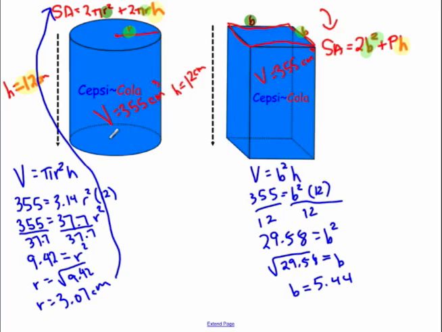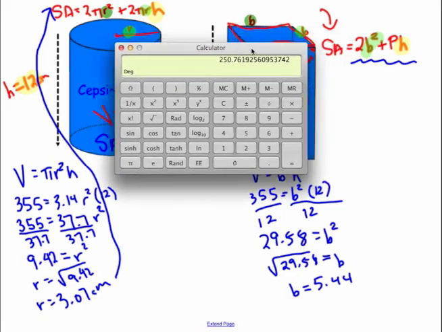So surface area, 250.8 centimeters squared. We're going to do the same thing for this shape. We have the formula here. The perimeter is going to be b plus b plus b plus b, or 4 times b. So keep that in mind.